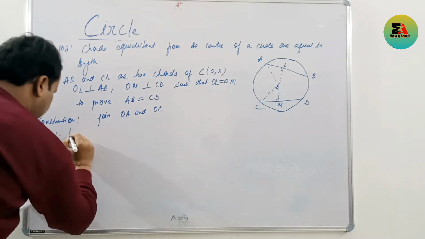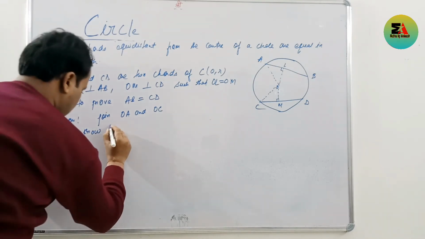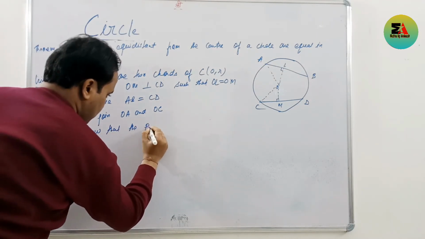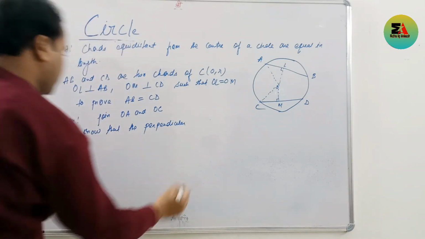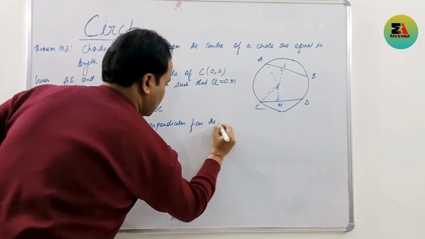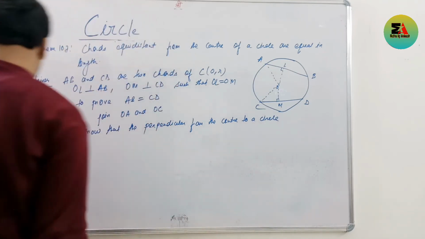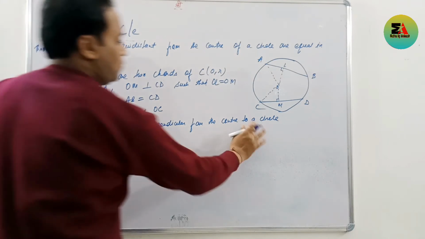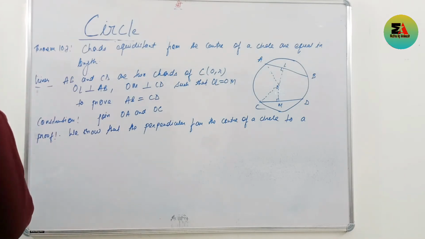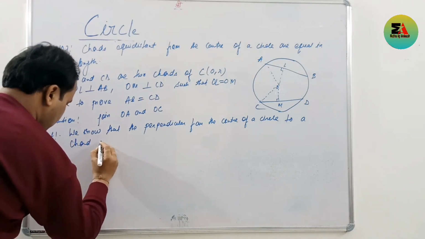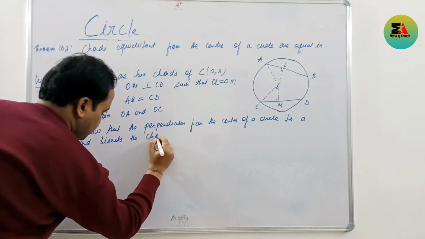We know that the perpendicular from the center of a circle to a chord bisects the chord.